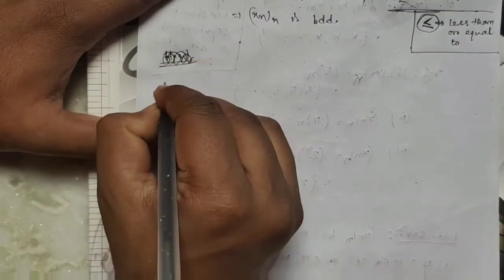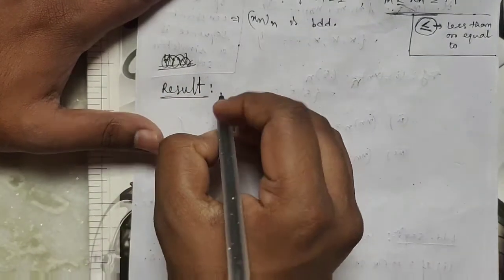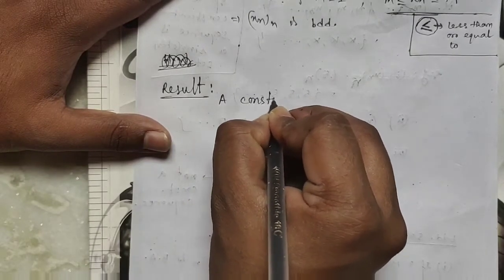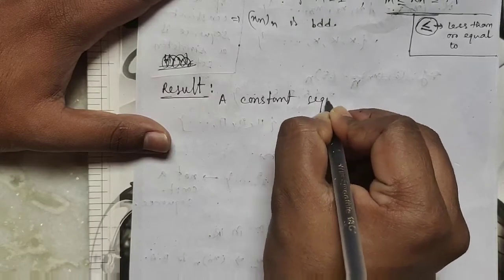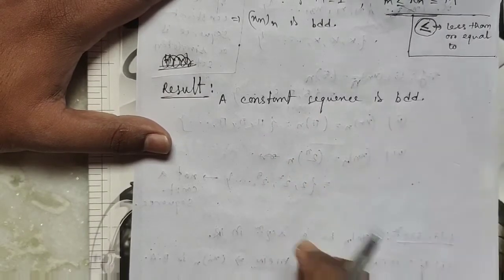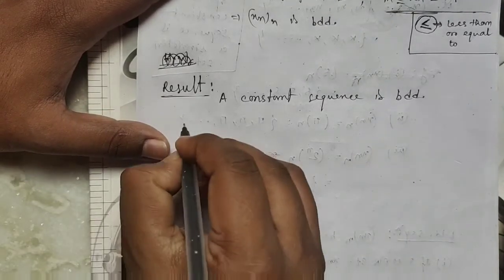Now, result: a constant sequence is bounded. Okay, a constant sequence is bounded. Clear?